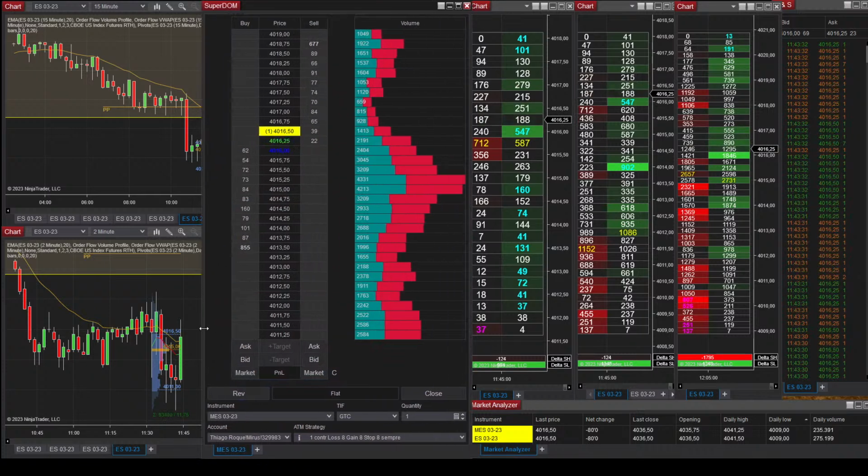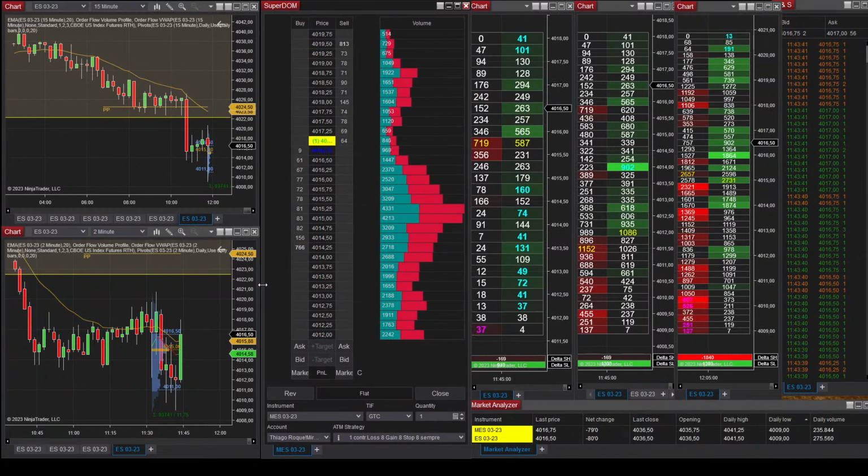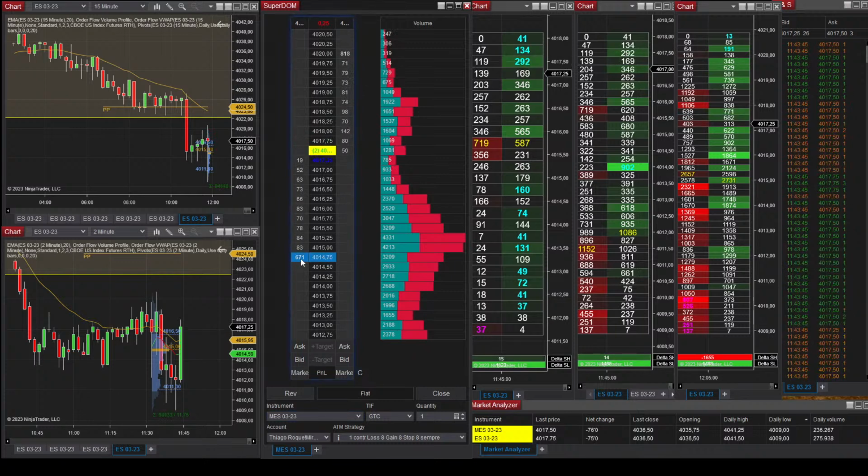Let me see something. A decrease in this depth here, the 671 is the depth of the market. You could see this.